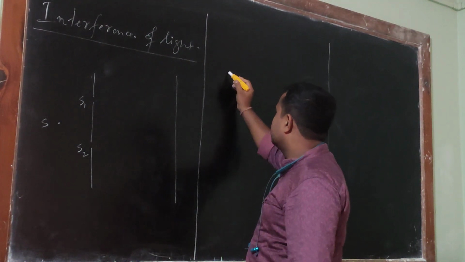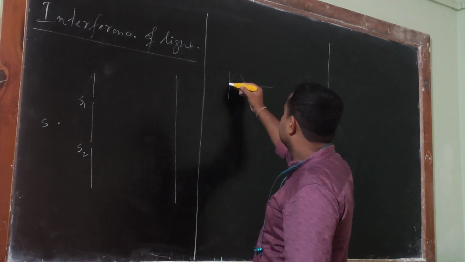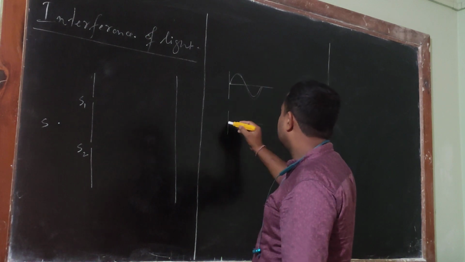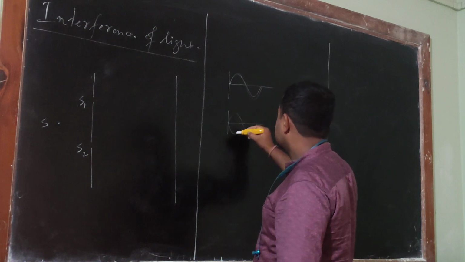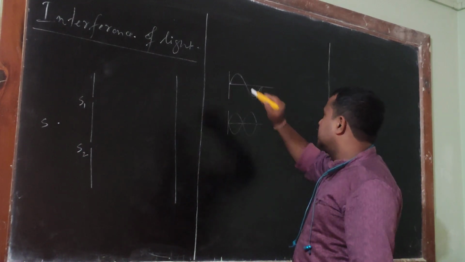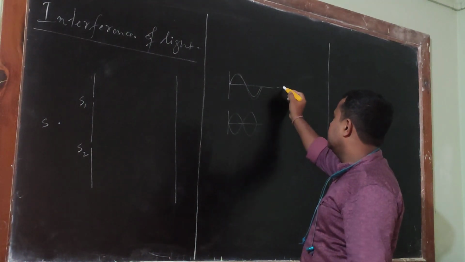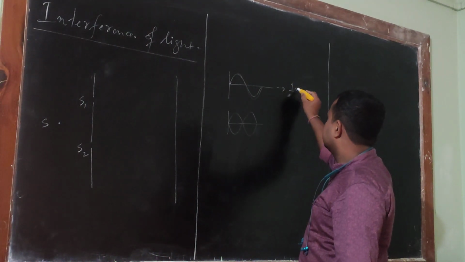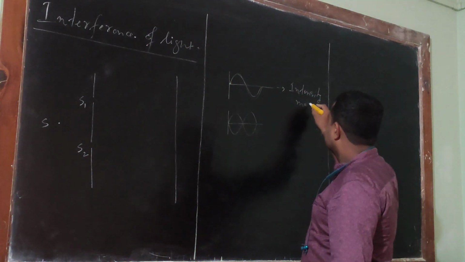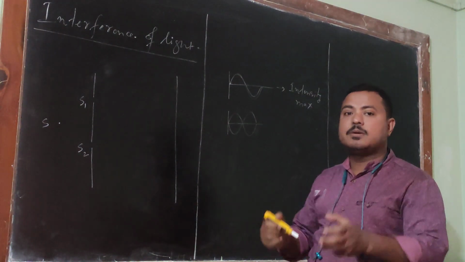Now, light may superimpose in same phase, or they may superimpose in opposite phase. And if light superimpose in same phase, their intensity will be added. So resultant intensity will be what? Maximum. And if they superimpose in opposite phase, the intensity will be subtracted.